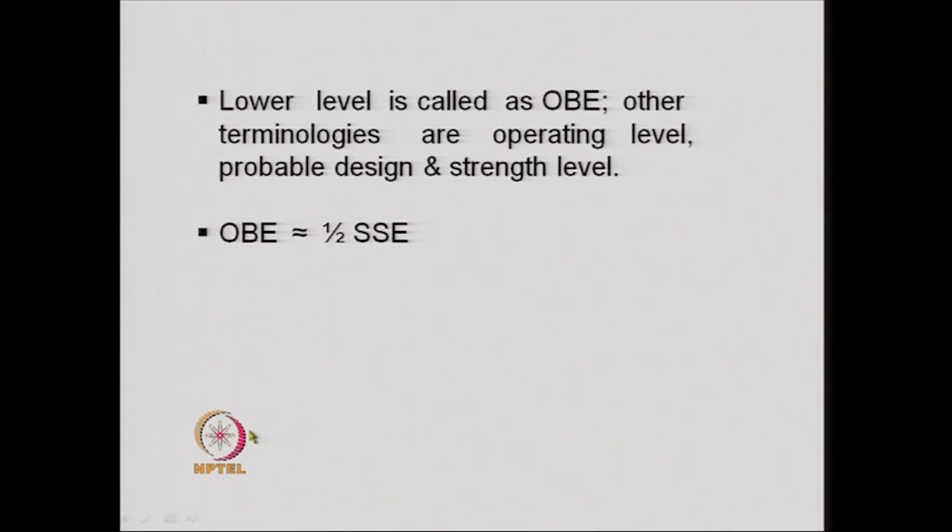The lower level, that is the design PGA value, is called OBE, that is the operating basis earthquake, and other similar terminologies are operating level, probable design, and strength level earthquakes.